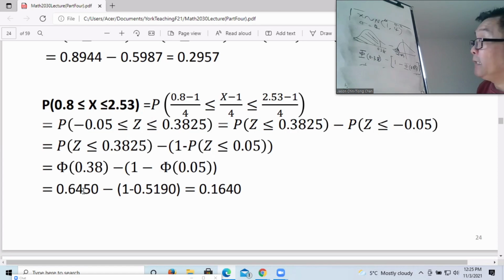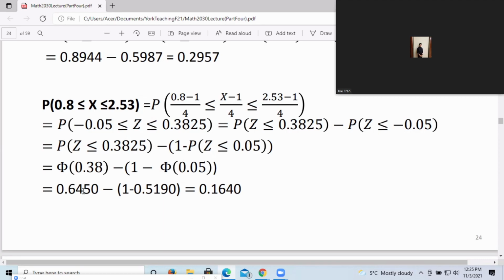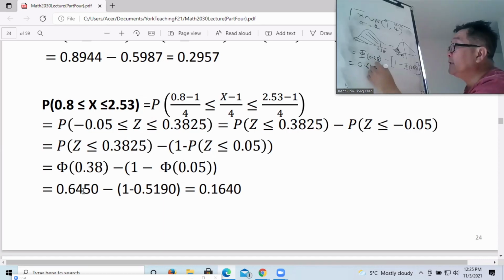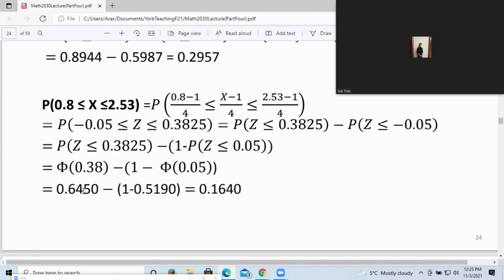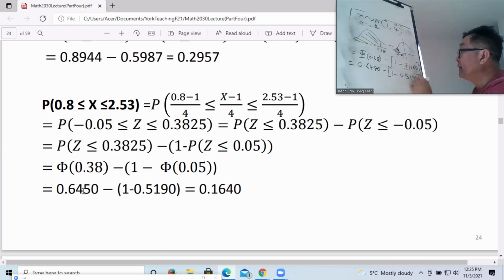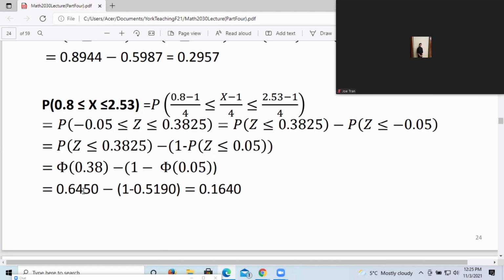Yes? Everyone agree or not? Okay, help me to get this number. What do you get from your table? 0.6480. Okay, then minus this one, 0.05. 0.5199. Okay, so at the end, do we get the same answer they provided here?